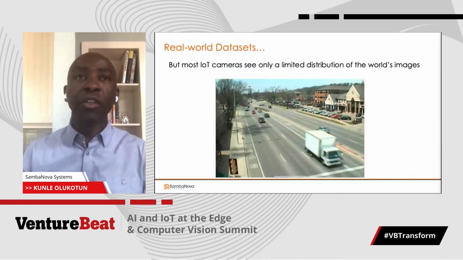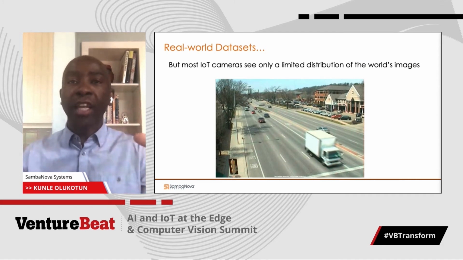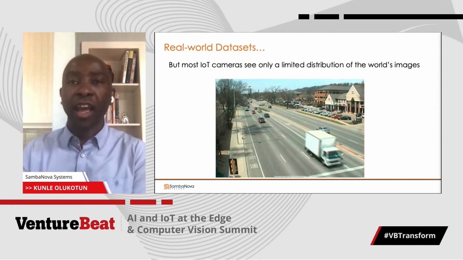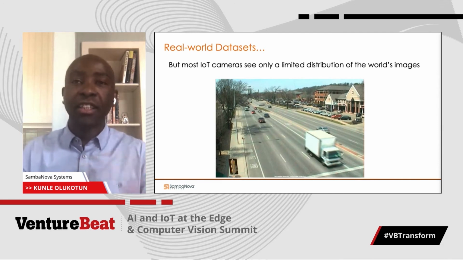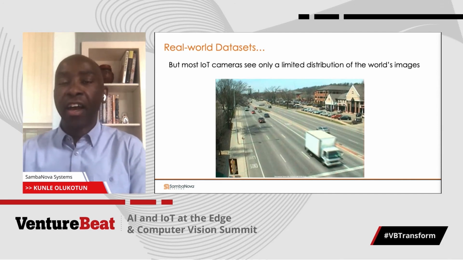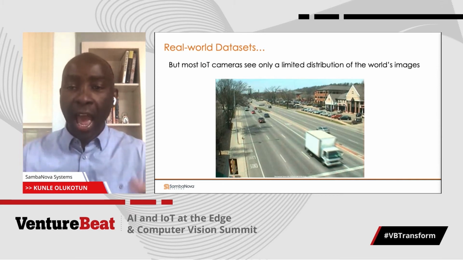But contrast that with a situation where you've got some IoT camera probably monitoring an intersection somewhere in the country. But here you're likely to see all kinds of vehicles, trucks and cars and maybe motorcycles, but you're unlikely to see a giraffe. You're not likely to see a lion. And so there are lots of things that you won't see.